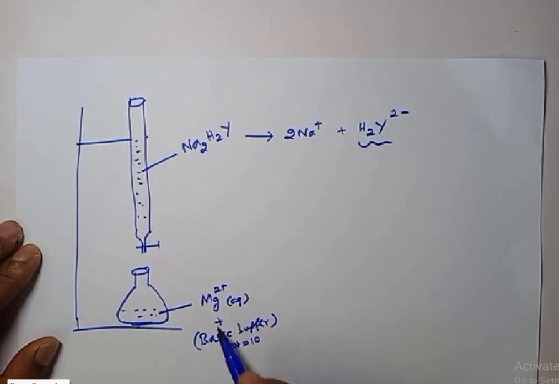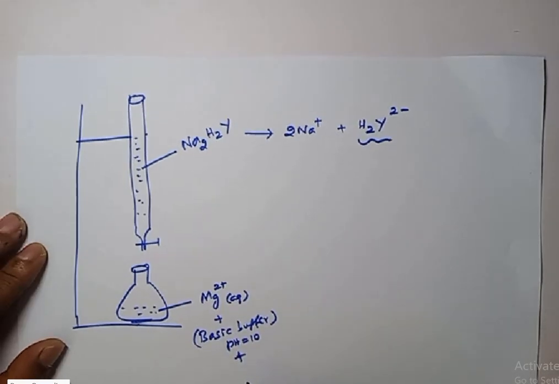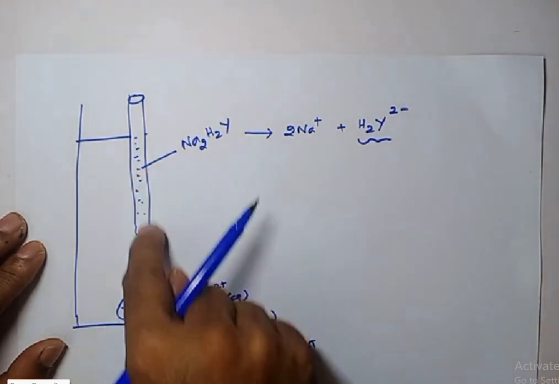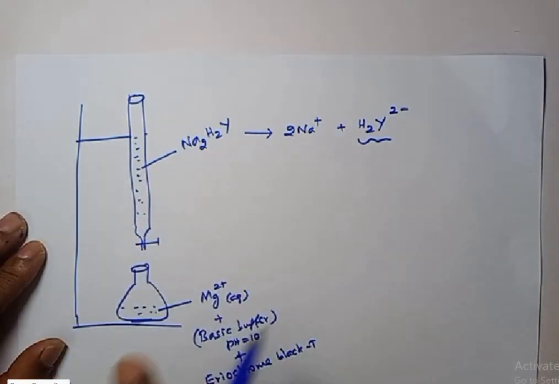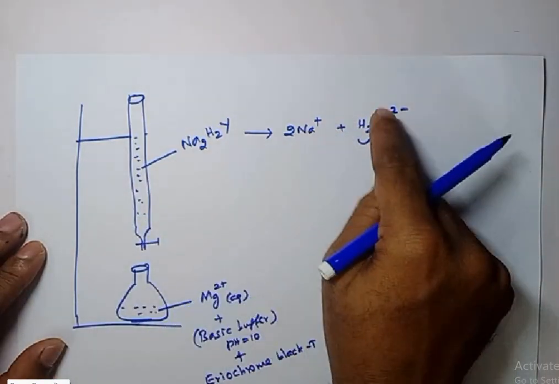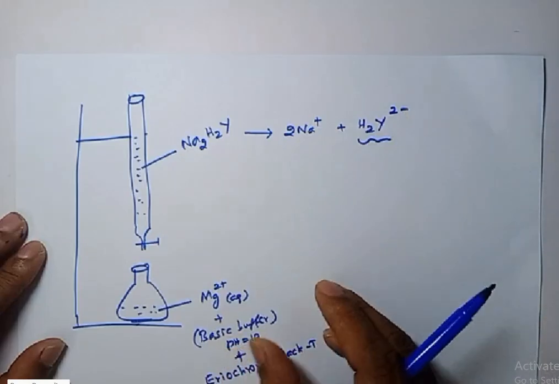Then we add a metallochromic indicator, that is Eriochrome Black T indicator. This ligand is actually the titrant.